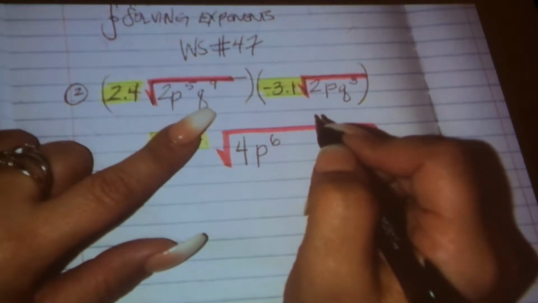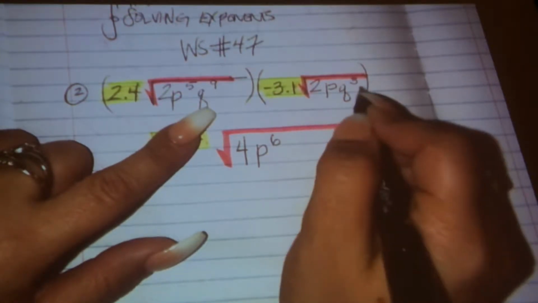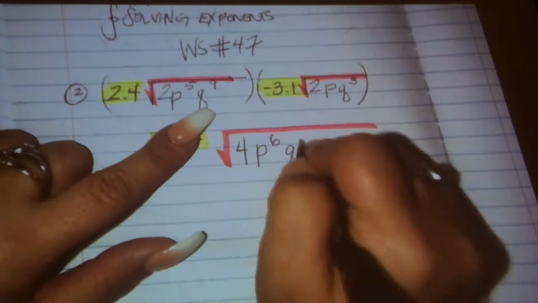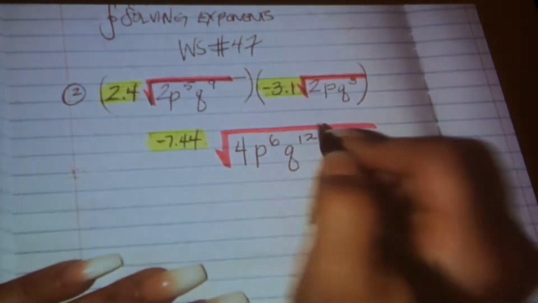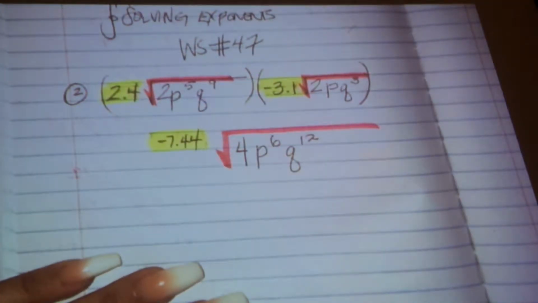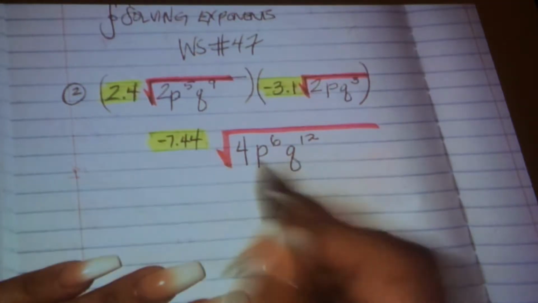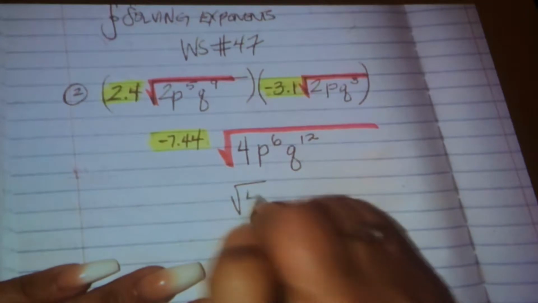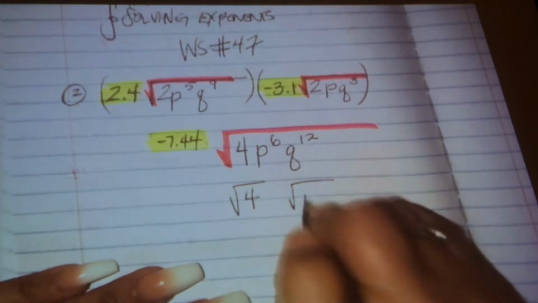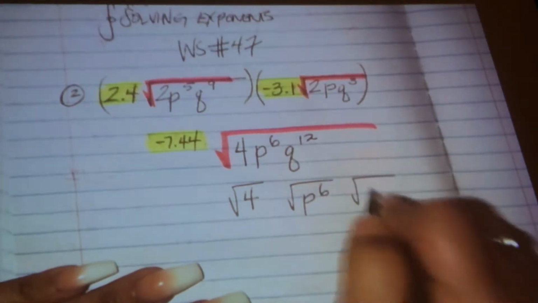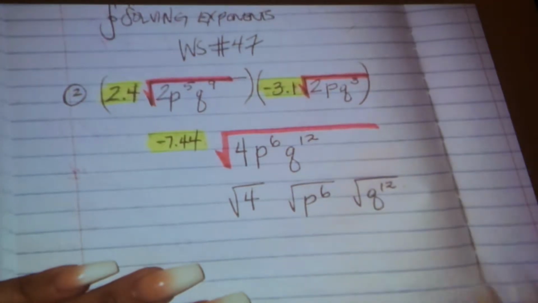Q to the 9th and q cubed, that's q to the 12th. So from here, I just need to take the square root of each one: the square root of 4, the square root of p to the 6th, and the square root of q to the 12th.